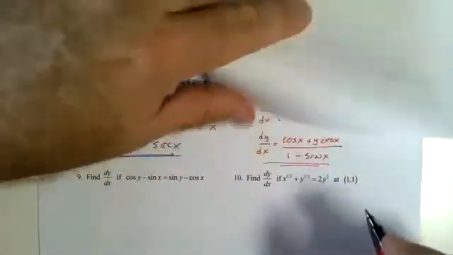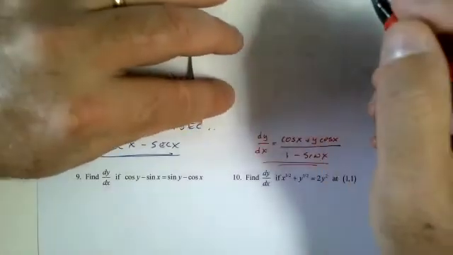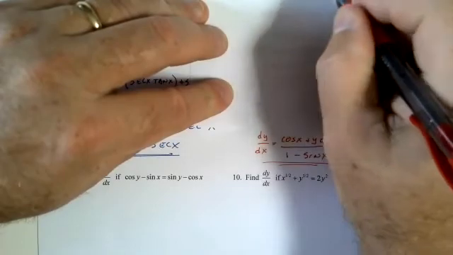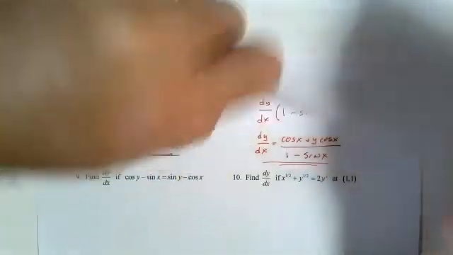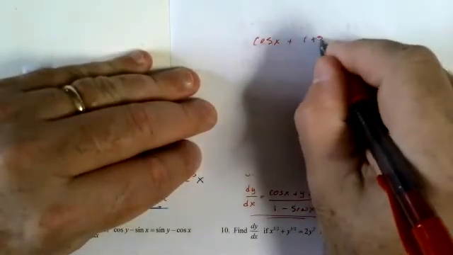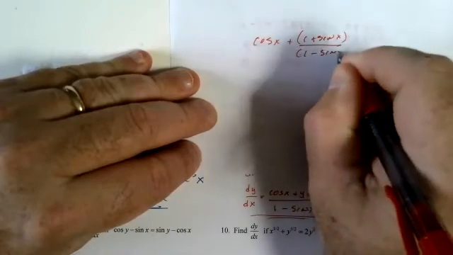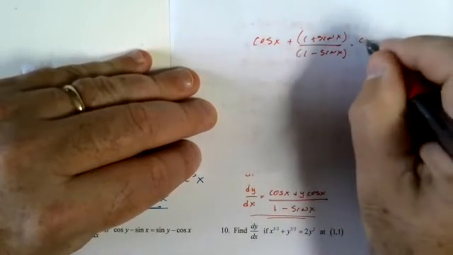So according to the problem, y is 1 plus sine x over 1 minus sine x. So cosine x plus 1 plus sine x over 1 minus sine x times cosine x.